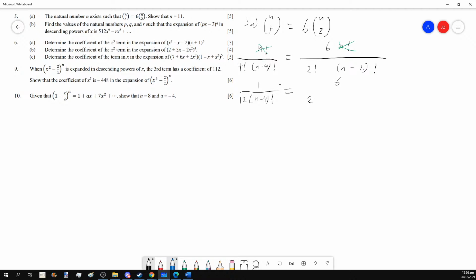Now 2 factorial is just 2, so I'm just going to leave it as 2. Over here, I'm going to do a bit of a dirty trick. We have this particular n minus 2 factorial, so I'm going to write it as n minus 2.